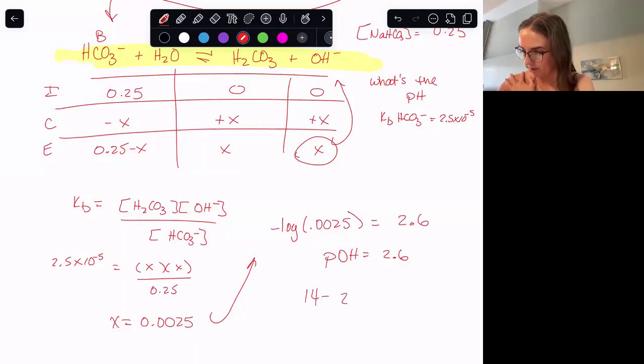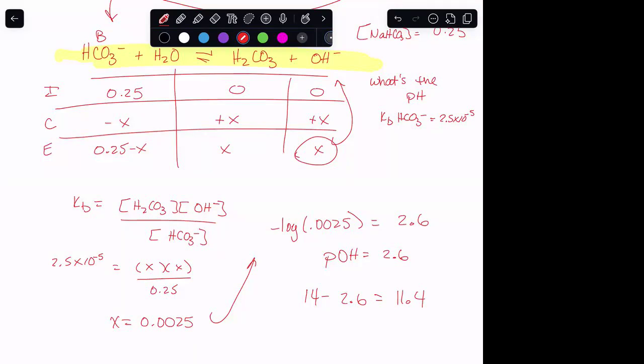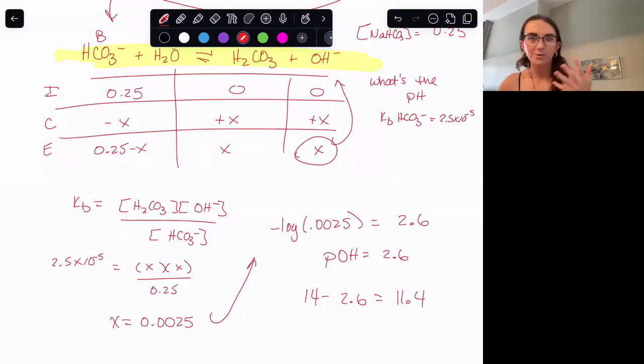Right, we'll have 14 minus 2.6, and we get 11.4. Now, does that make more sense? Yes. Perfect. So you asked yourself, does this make sense? You said no, so we have to go back and check what we actually solved for. We solved for pOH, not pH. So we just need to do that last final step to get to 11.4.